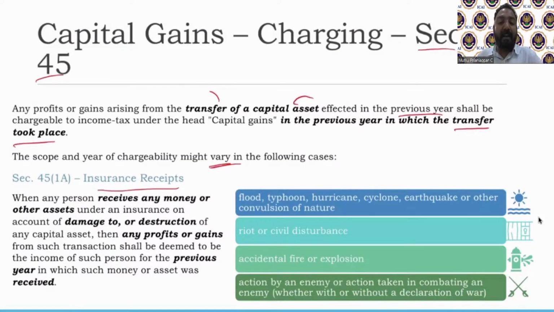It says when a person receives any money or other asset. What do you mean by other asset? Let's say a machinery got damaged due to fire, and the insurance company is replacing it with another machinery. That is the other asset.